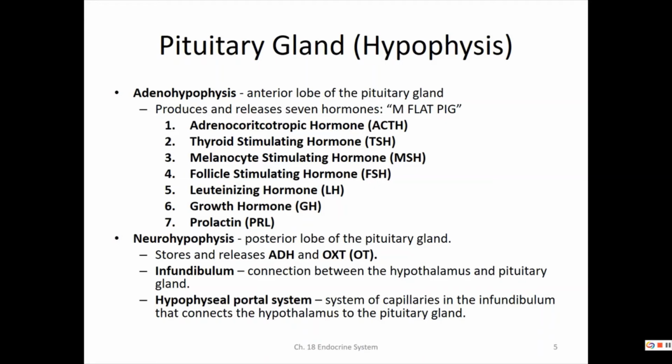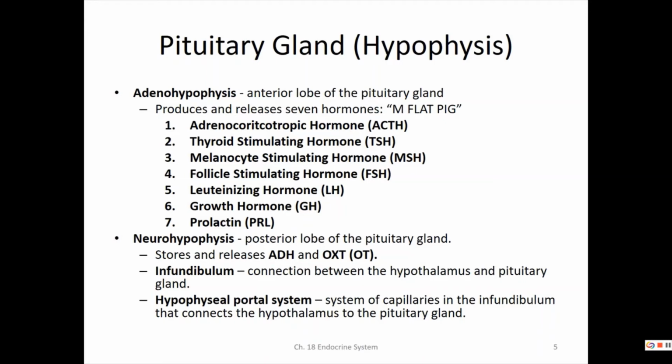To get those neurons down, there's a stalk that holds the pituitary gland onto the hypothalamus called the infundibulum. And inside the infundibulum are capillaries that allow the hypothalamus regulatory hormones, what we saw, the releasing hormones and inhibiting hormones, to go into the anterior lobe of the pituitary, and that was the hypophyseal portal system.